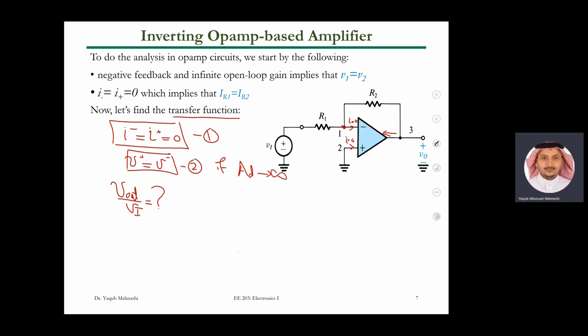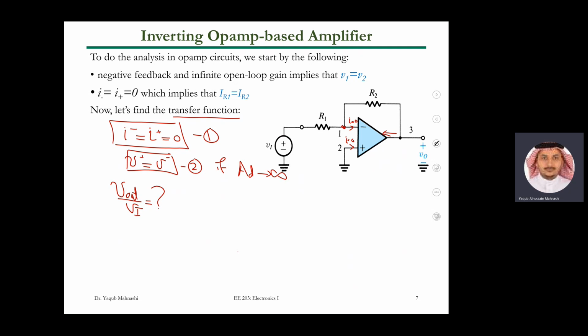So we usually avoid using KCL at the output. If you know that current, then yes, go and apply. But if you don't know it, don't apply KCL because it will be a disaster for your analysis. It will complicate things, and you'll not get much out of your analysis.